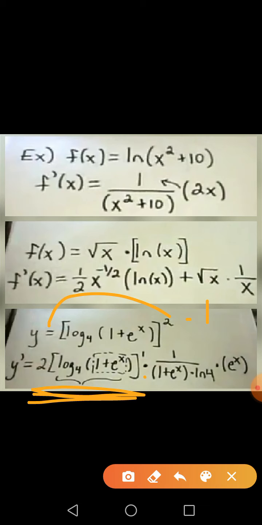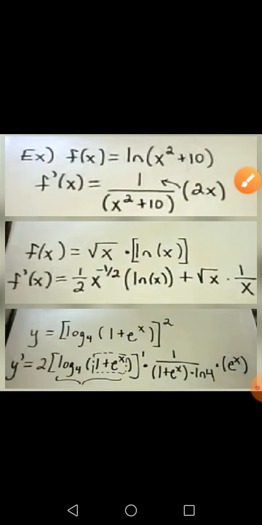So I will write 1 over u, which is 1 over 1 plus e to the power x, multiplied by ln of the base, multiplied by the derivative of the inner, of log e to the power x, and that's all. So what you should do here is know very well the rules of the derivative of the logarithm.